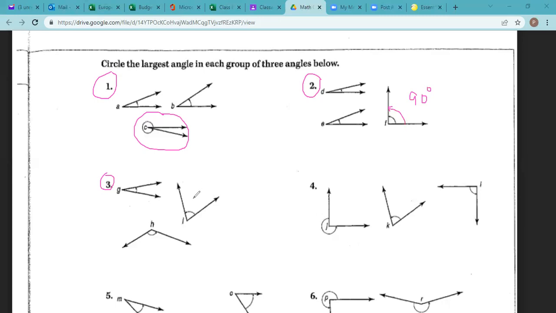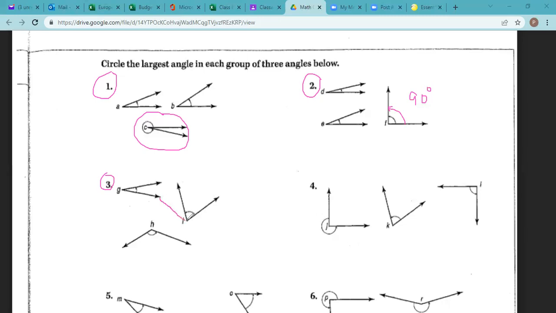So we would need to go between, looks to be L and H. Which one is the largest? Well, on L, it sort of looks like if we would extend it straight, this is not good. Don't want it to be real sloppy when I draw this. I need one of those nice projectors or a ruler or something.